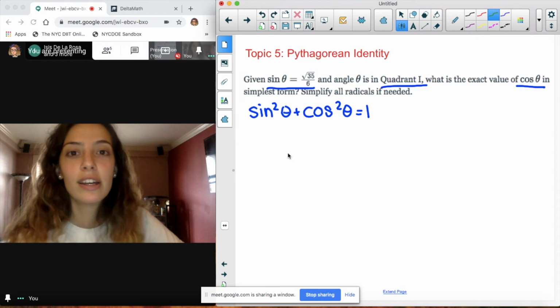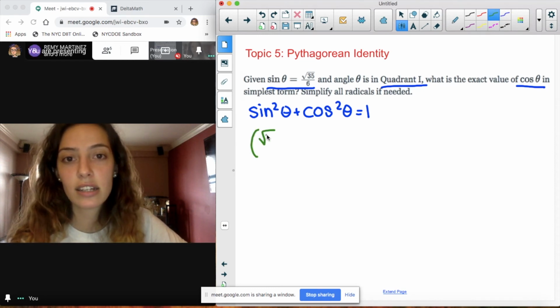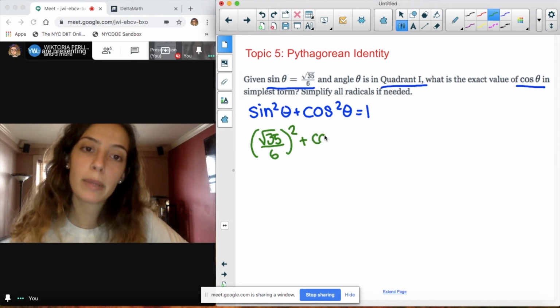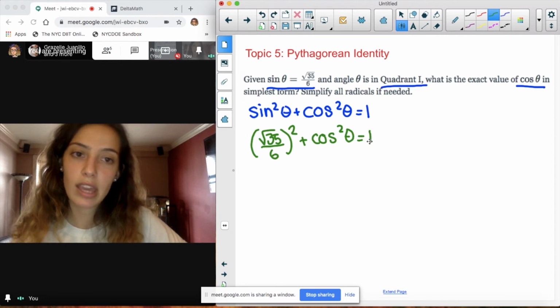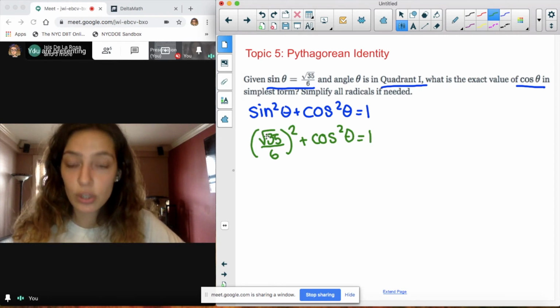Okay, so they give us sine of theta, so we're going to plug that in. So radical 35 over 6 squared plus cosine squared theta equals 1. That squared is applied to the numerator and to the denominator.